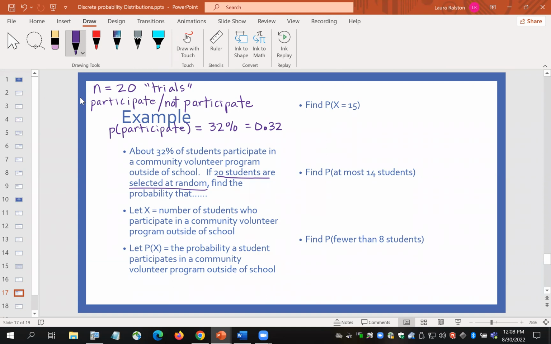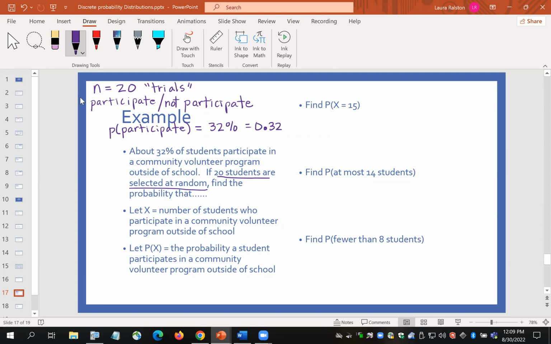Let's see. The fact that student 1 participates, I don't think would influence whether student 2 does or student 3 does. So the trials are independent. And I can assume that the probability is constant because they're basing it off of historical data, probably what's happened in the past.